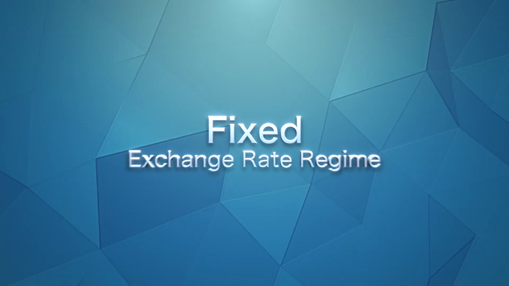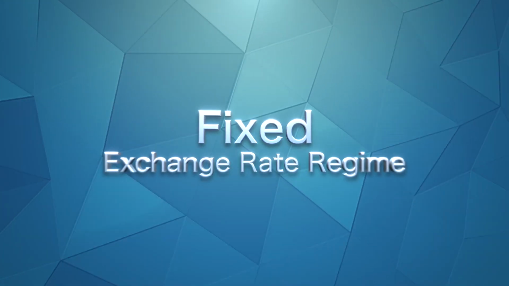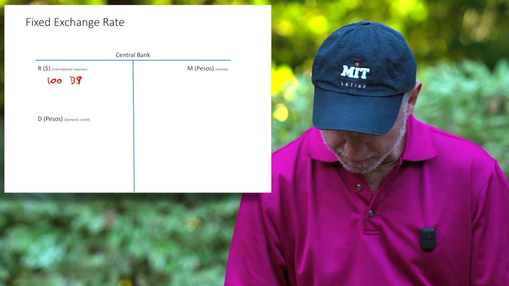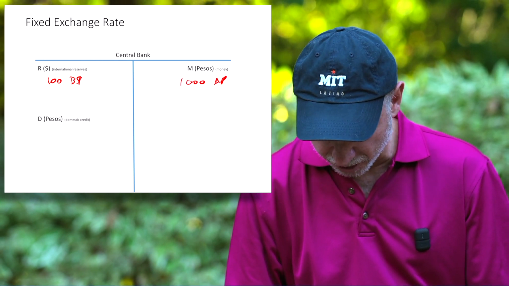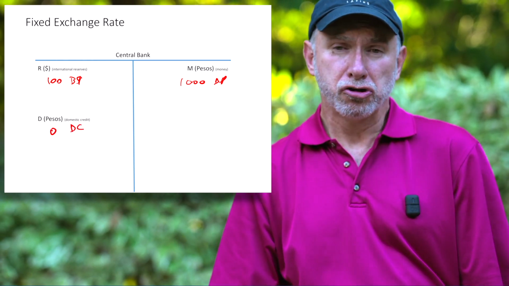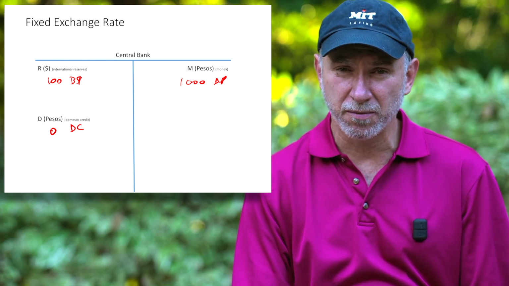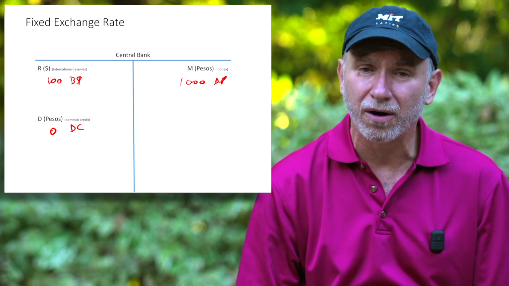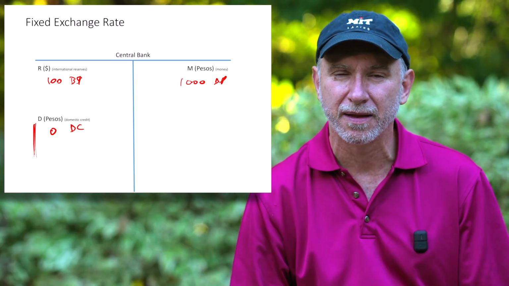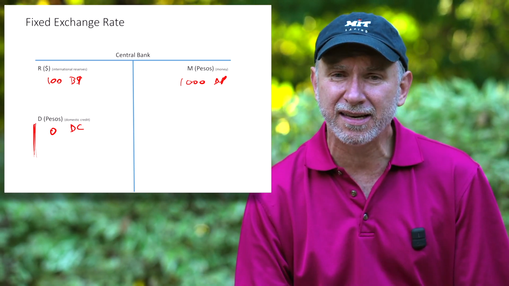In the fixed rate, let's start from this original point. Initial point, we have $100 billion, 1,000 billion pesos, 0 on domestic credit. So the fixed rate starts the same as a currency board, except that now there's no law about domestic currency. You can do whatever you want. So imagine that we have a crisis.